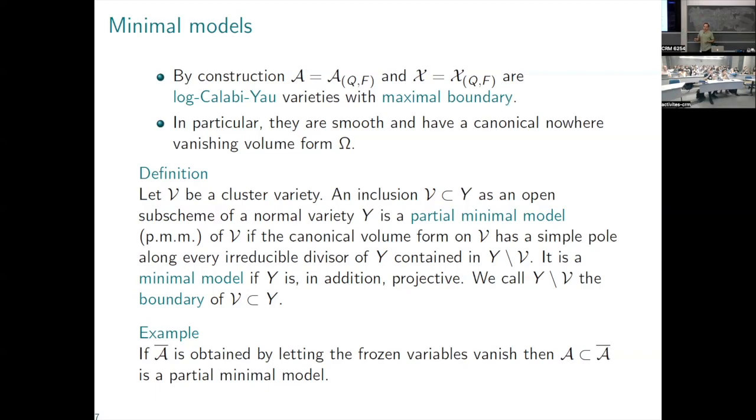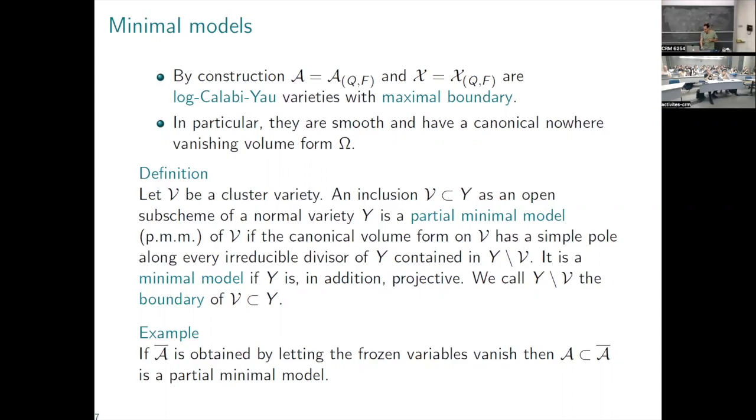And for us today, this only means that I'm talking about a smooth variety that contains a torus as an open subscheme. And every torus has a canonical volume form, dz_1/z_1 ∧ ... ∧ dz_r/z_r.